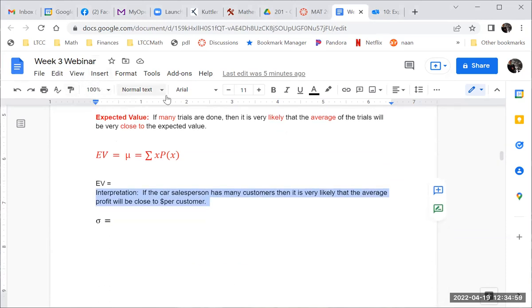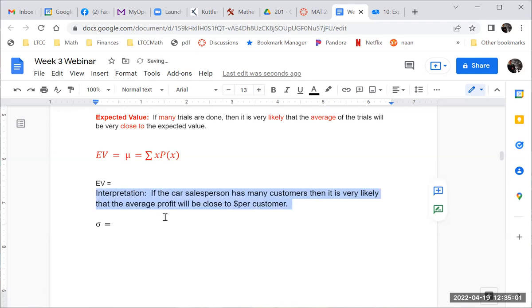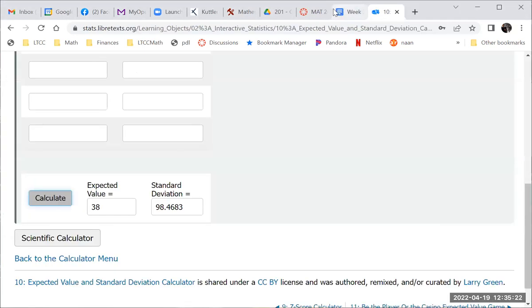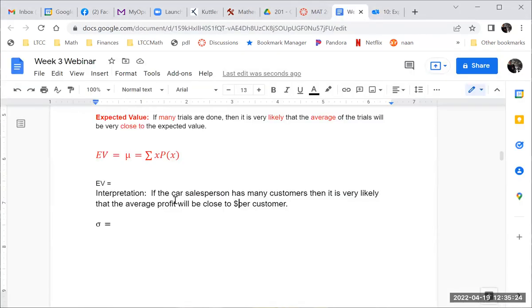So if the car salesperson has many customers, there's the word many, then it is very likely that the average profit will be close to, and I'm going to put the number in, and the number was 38. $38 per customer.